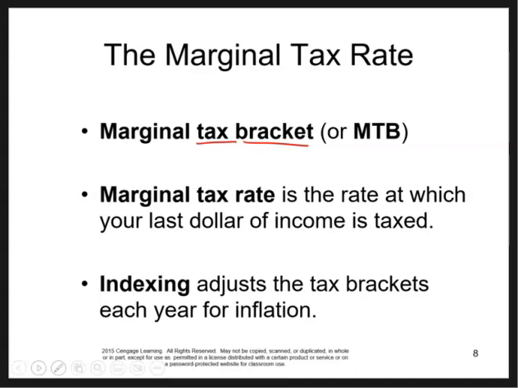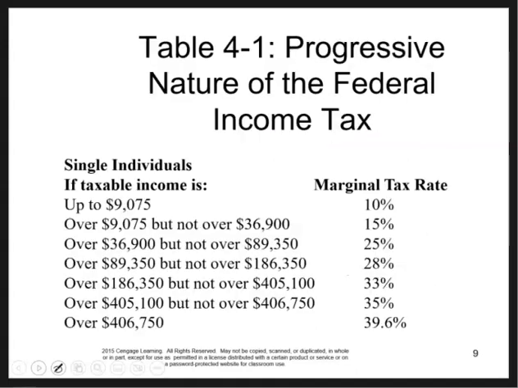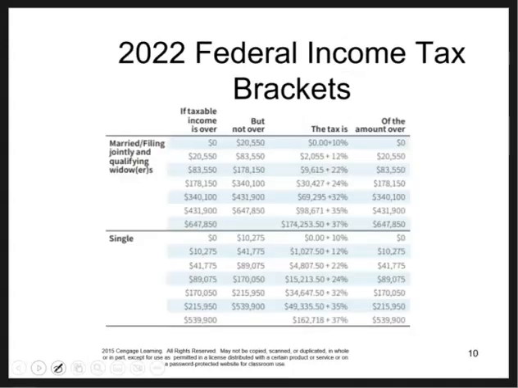They're indexed in order to avoid inflation driving that. They want true increases in income. So this is an old tax rate schedule, I believe. This is actually the 2020. The next page is the 2022 tax rate schedule.